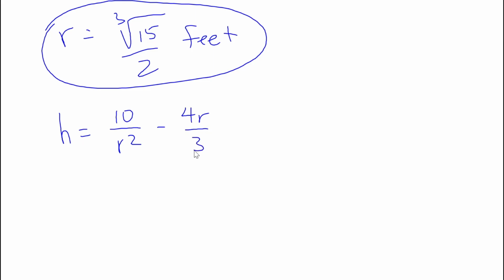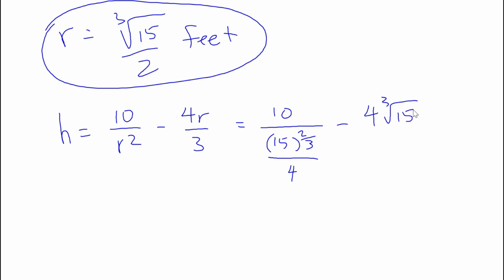So if we plug in our r of cube root of 15 over 2 to this, we end up with 10 over the, we have 15 to the 2/3 over 2 squared would be 4, minus 4 cube roots of 15 over 2, and then all over 3, which is a little bit of a mess there, but we can simplify this down, I'm sure.